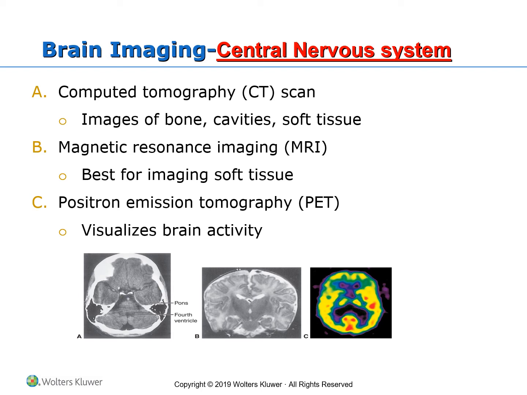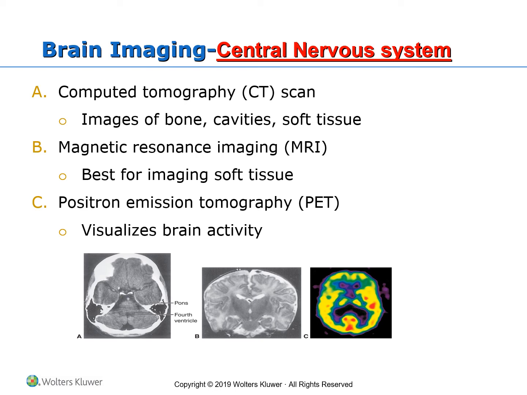A second type of investigation that we can do to examine the brain is what is called a magnetic resonance imaging. As opposed to the CT scan, which is an advanced X-ray examination, the magnetic resonance imaging will use magnetic fields to produce an image. Therefore, it is not producing any kind of side effects on the human tissue.